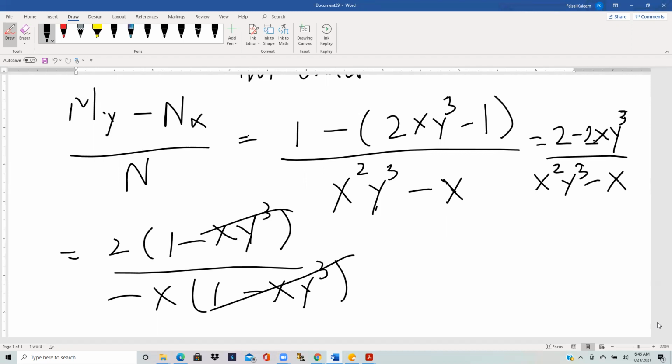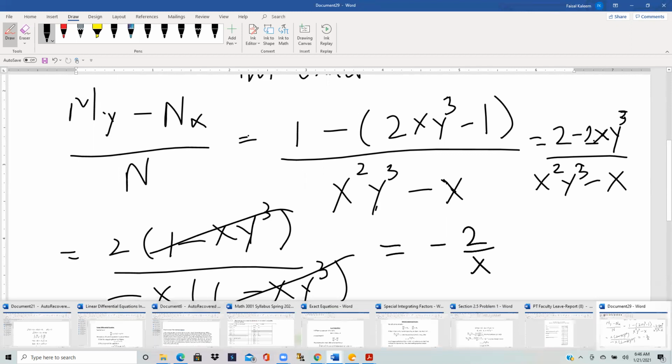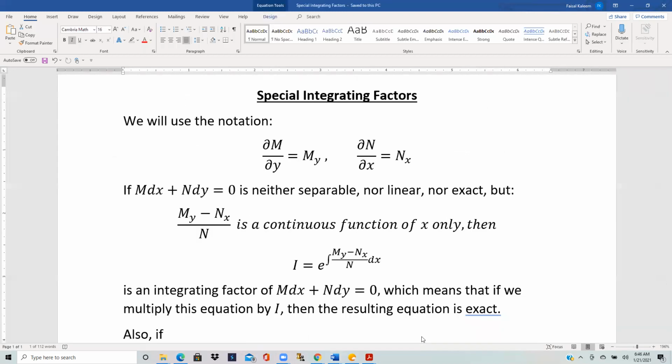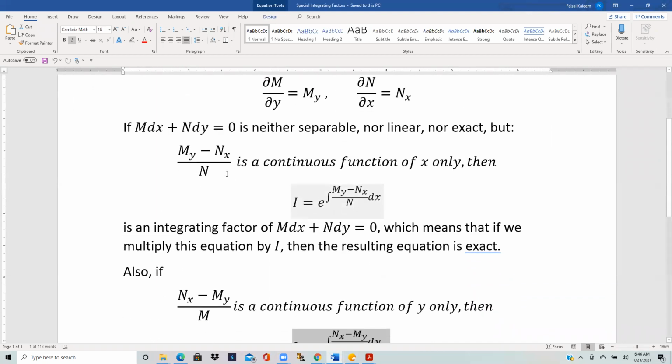So now we do see that it is a function of x only, and therefore if we go back to our rule: if this quotient comes as a continuous function of x only, then the integrating factor is e to the power of the integral of this quotient dx.